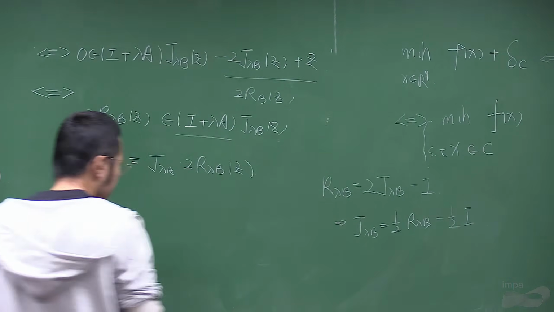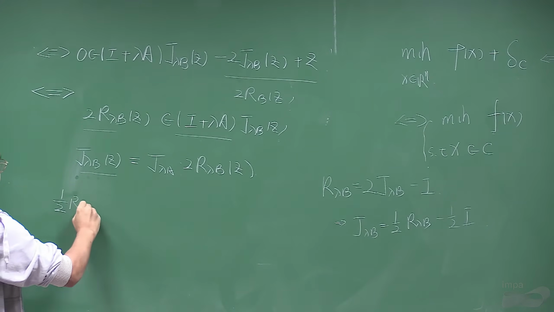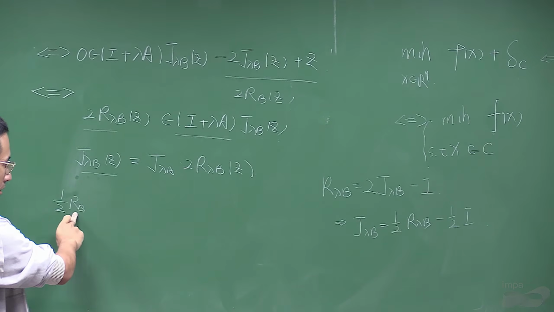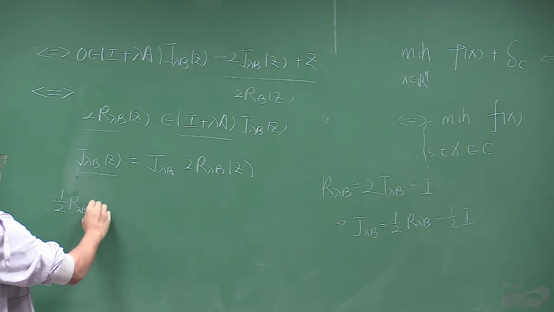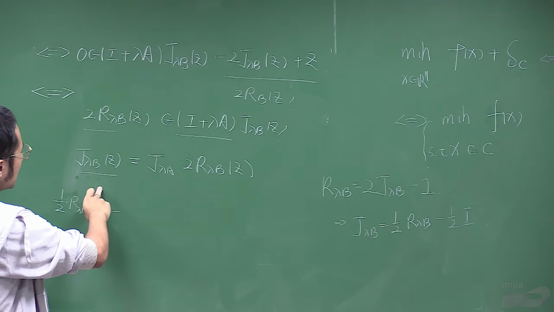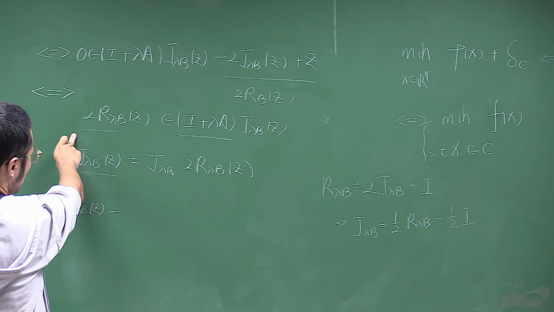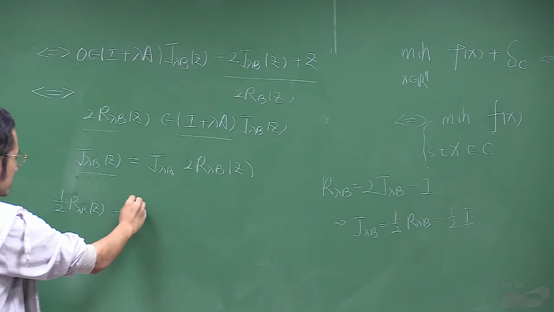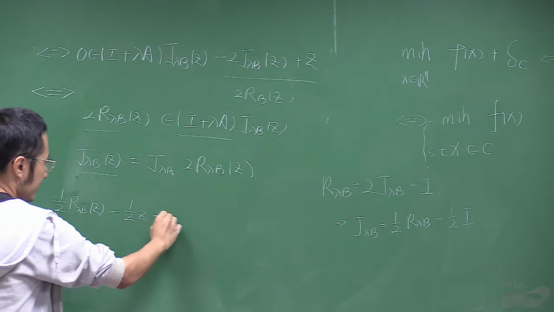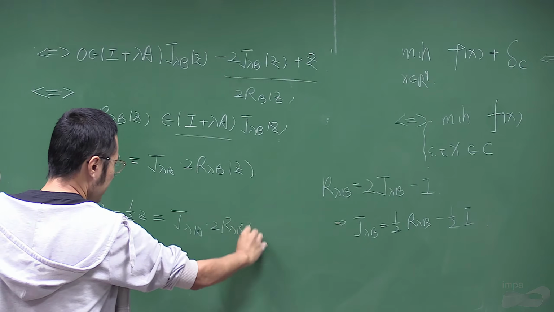So here we have the resolvent of B at z equals 1 over 2 reflection of B at z minus 1 over 2 identity at z. So z belongs to the resolvent of A times 2 resolvent of B at z.